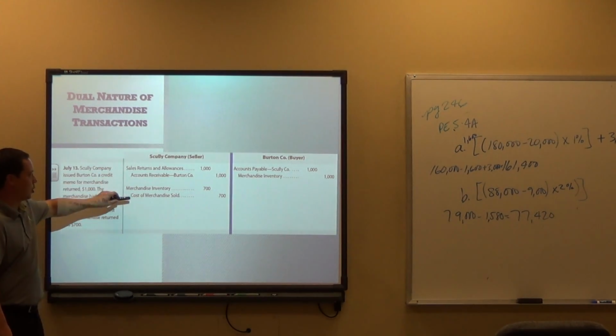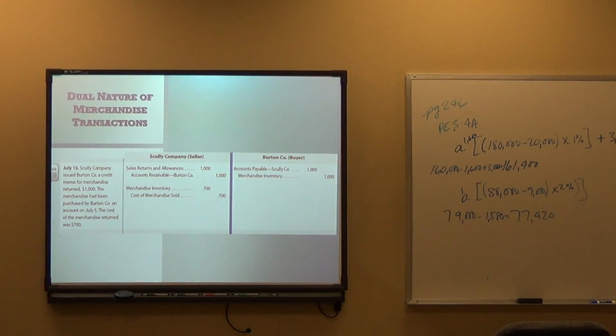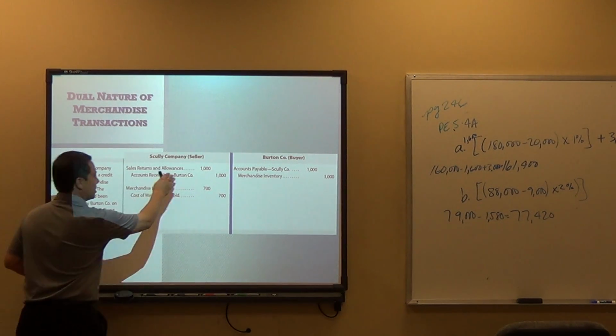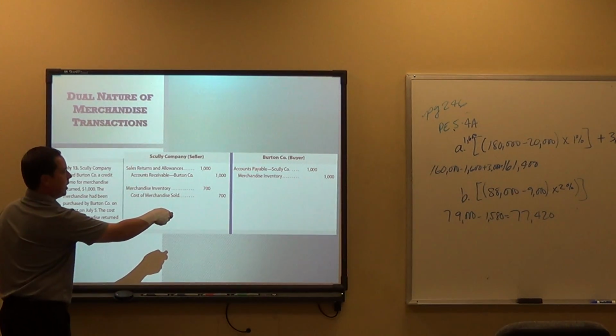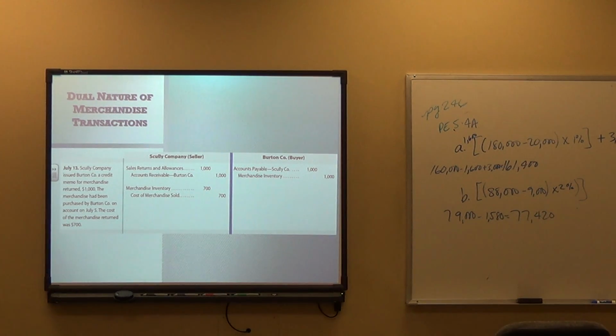Then our merchandise inventory went up by $700, and we reduced our cost of merchandise sold by $700, because we're bringing that back in, basically reversing what we've done, except with different values. And in here, we owe less money, so accounts payable is debited, and then we credit merchandise inventory because we have less merchandise to sell.